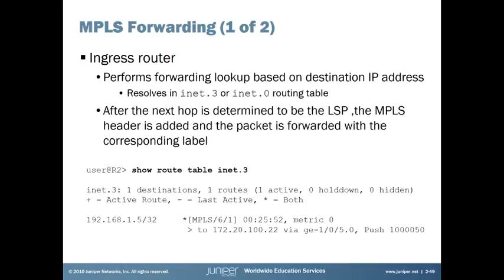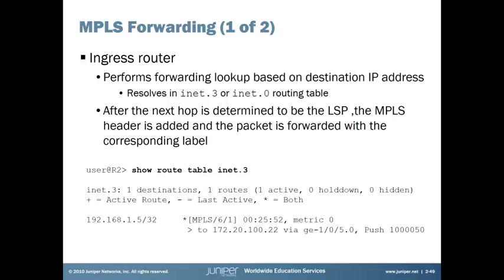It will result in the INET.3 or INET.0 routing table. After the next hop is determined to be the LSP, the MPLS header is then added and the packet is forwarded with the corresponding label. So that will be determined by the information in the routing table. It will determine that the next hop is an LSP.